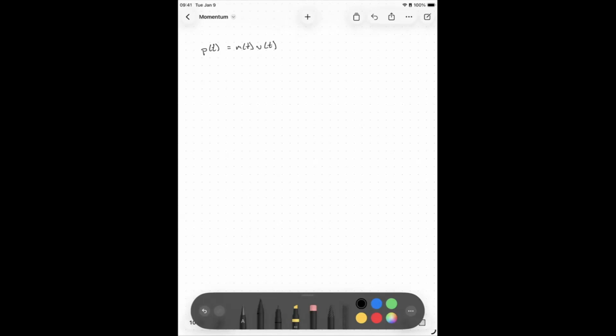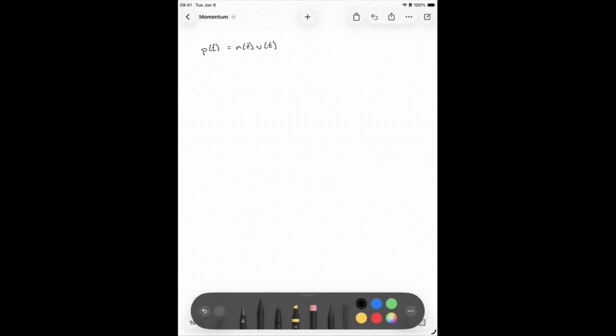This is a nice form of the equation because it combines things that we intuitively understand. Now, because these two terms are being combined, it means that high momentum doesn't just mean high mass or high velocity. A heavy object moving slowly can have the same momentum as a lighter object moving quickly.